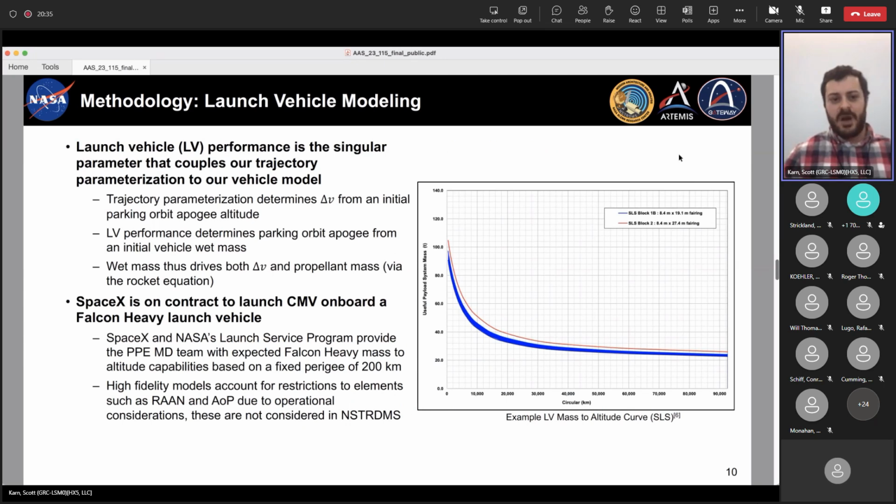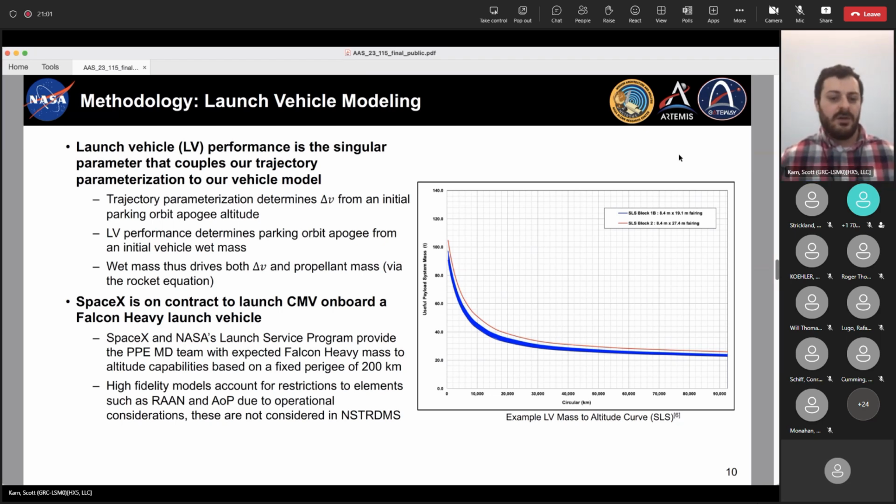And then coupling our vehicle model with our trajectory model is our launch vehicle. So again, we've parameterized the total delta V for our mission as a function of the initial parking orbit apogee altitude. That initial apogee altitude is a function of spacecraft mass and launch vehicle performance. Obviously, a higher performing rocket is going to be able to deliver a specific mass to a higher apogee altitude.